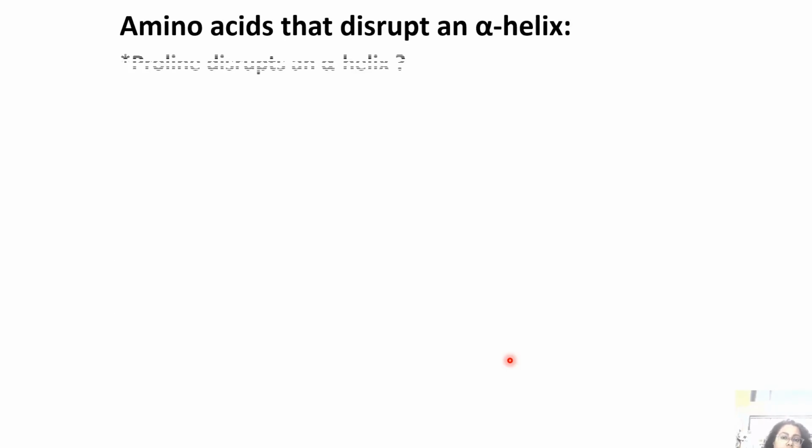Now, what about the amino acids that disrupt an alpha helix? So if we talk about amino acids like that, proline disrupts an alpha helix, right?